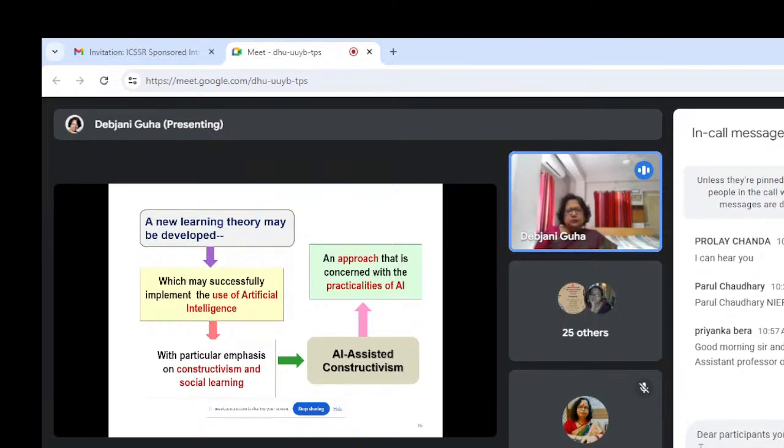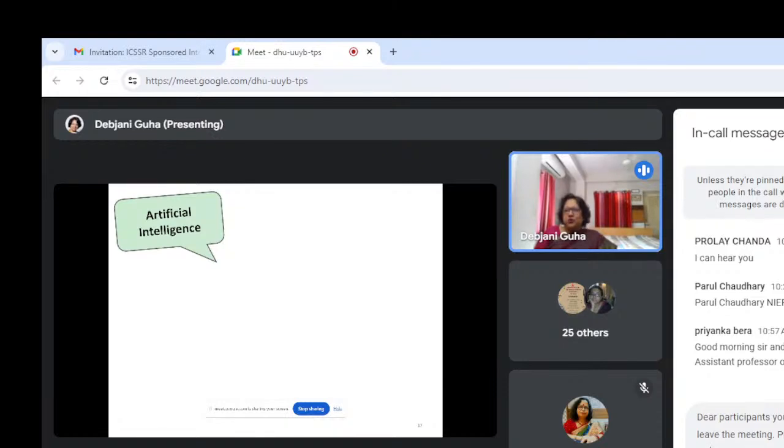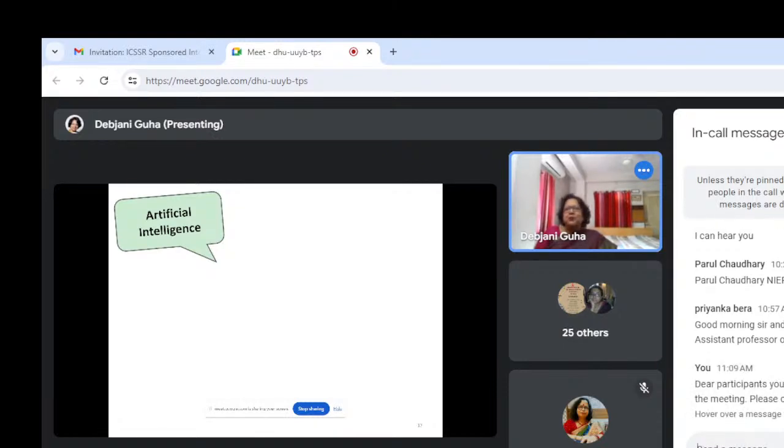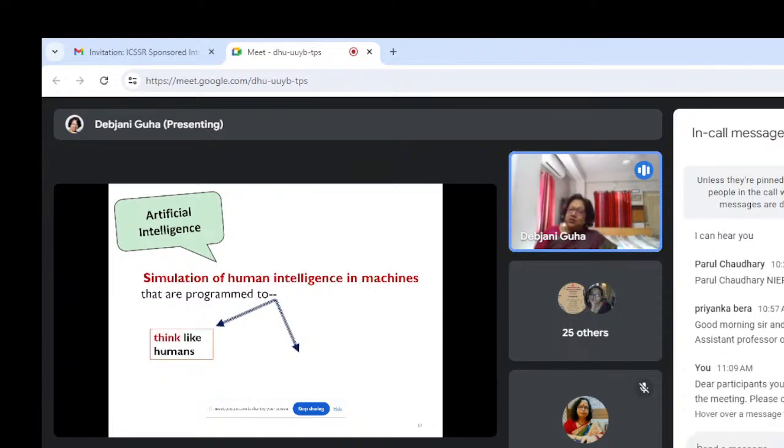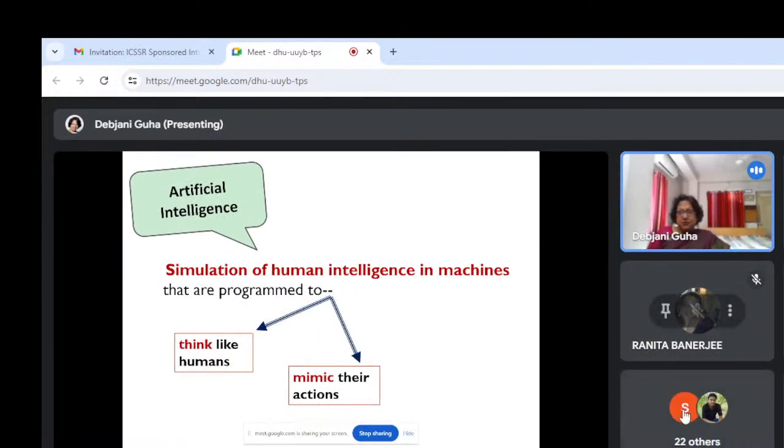Now, I already told that artificial intelligence has possibly been discussed many times since yesterday. I just want to clarify, in one or two sentences, what artificial intelligence is. Artificial intelligence is basically the simulation of human intelligence in machines. The machines are programmed to think like human beings and to mimic the actions of human beings.